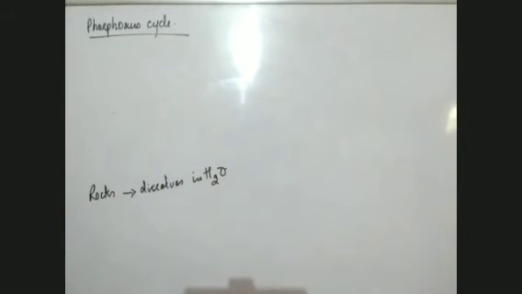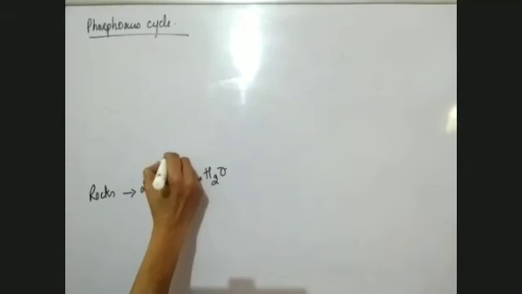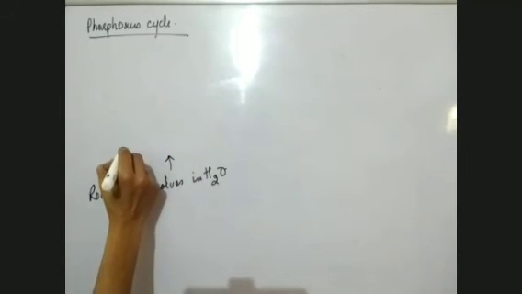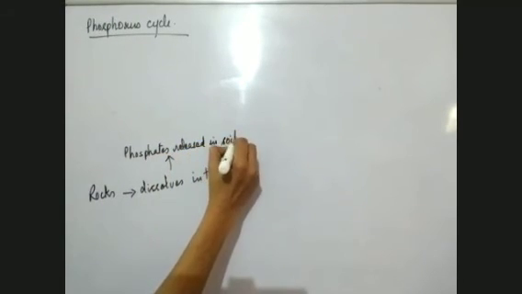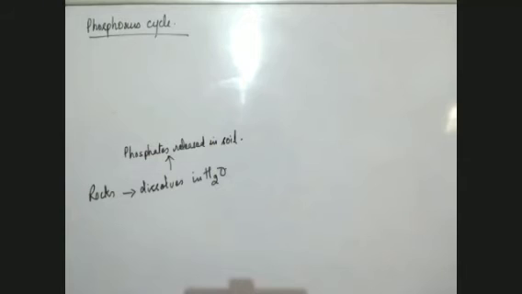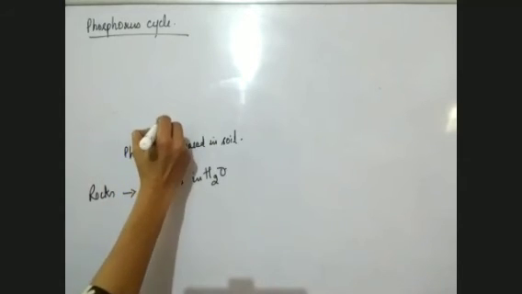After it dissolves, the phosphates are released in soil, and these phosphates released in the soil are taken up by the plants or producers.